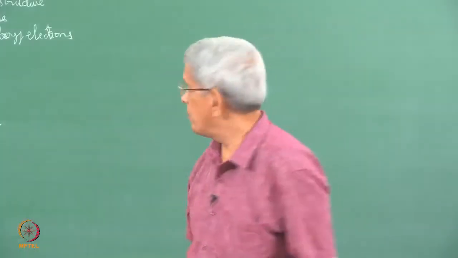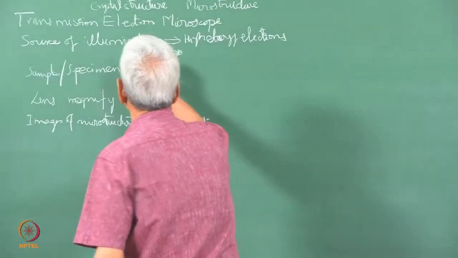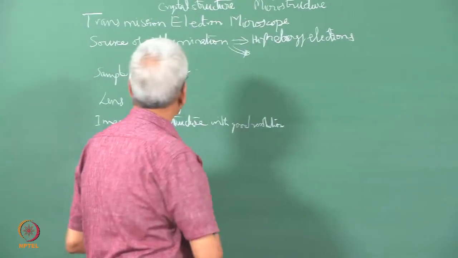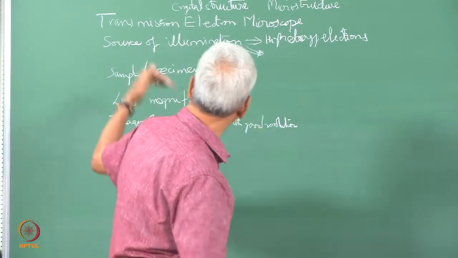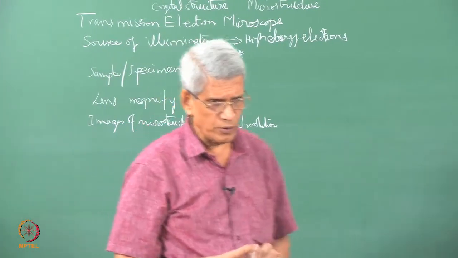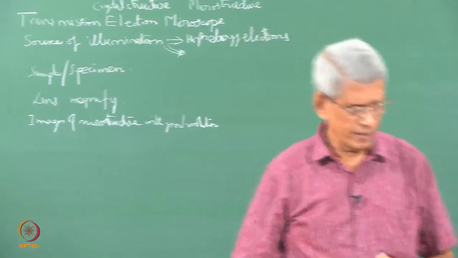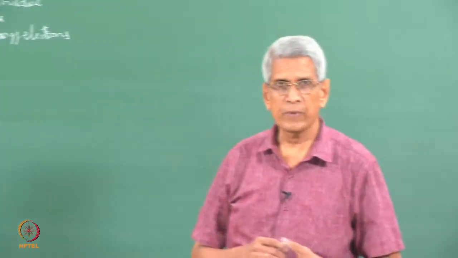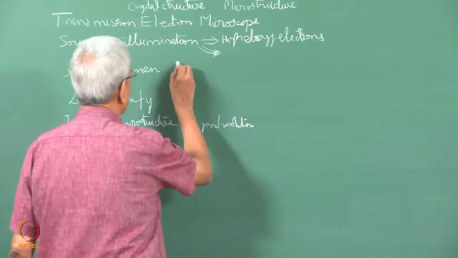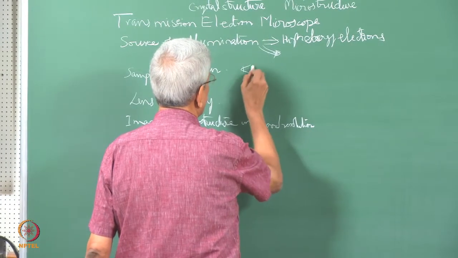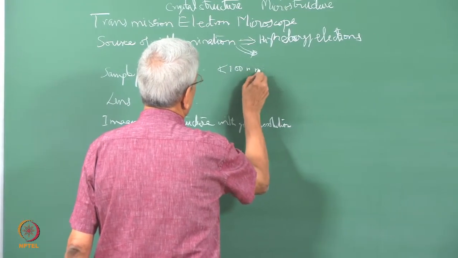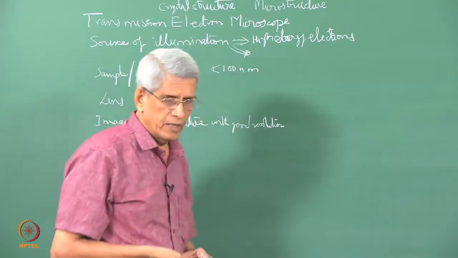The beam which is generated from the gun is made into a uniform one using a condenser lens, and this beam falls onto the sample. Then this interacts with that sample. Generally, in a transmission electron microscope, the samples are extremely thin, of the order of the thickness is generally less than 100 nanometers.